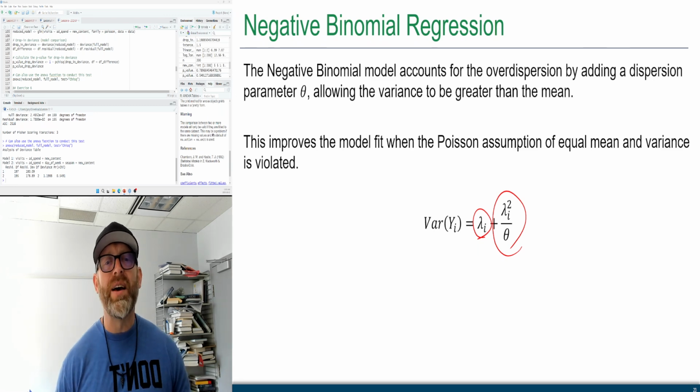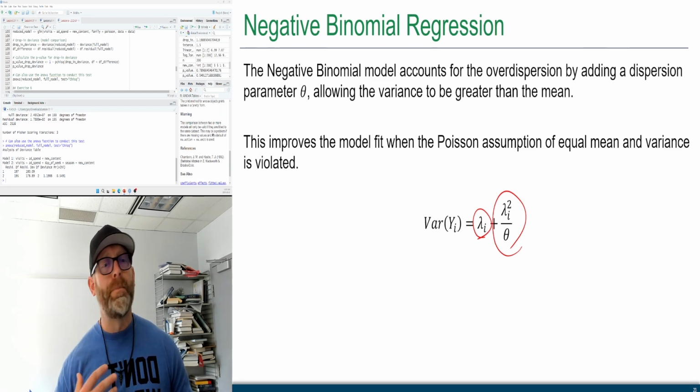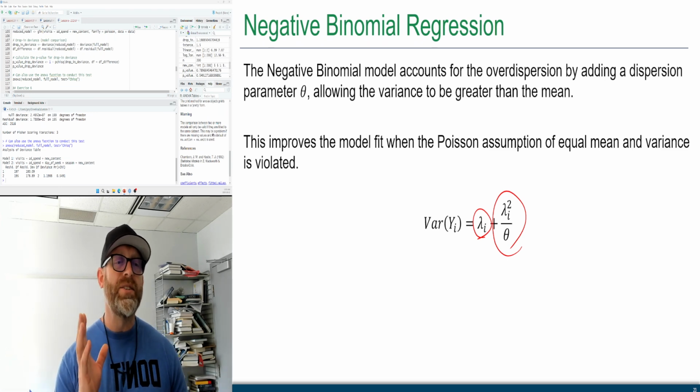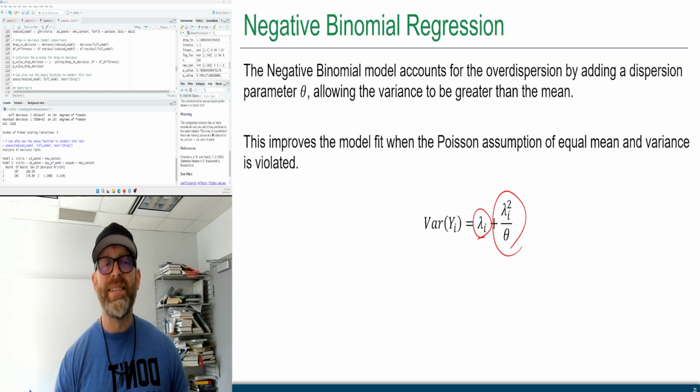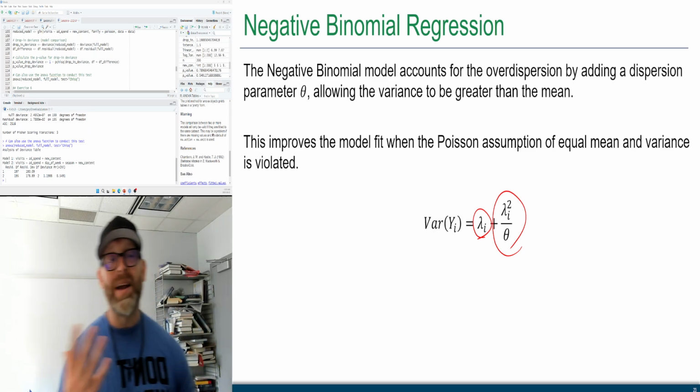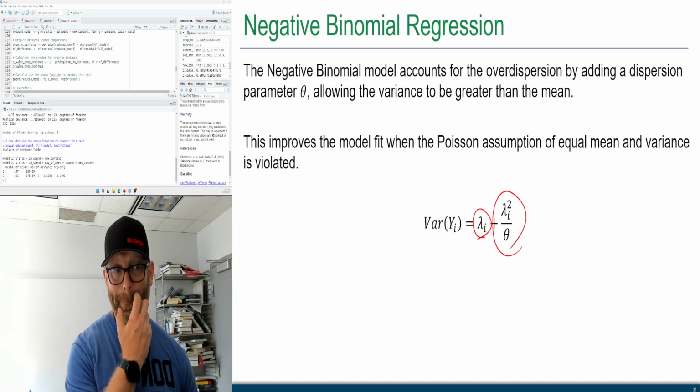R is going to do that for us. Once we specify which model we're going to be using, we don't even need to deal with this, but just understand that what we're doing here is adding on an additional parameter. We did not have this before with the quasi-Poisson because all we were doing is scaling the standard error that we have beforehand. Here we're actually changing our variance by adding on this extra parameter.